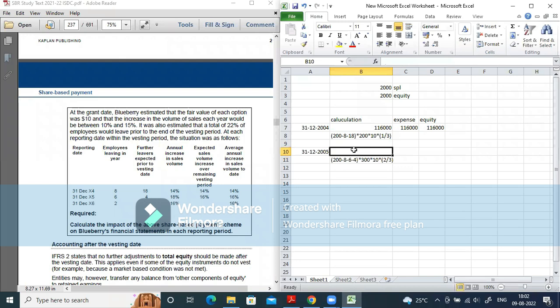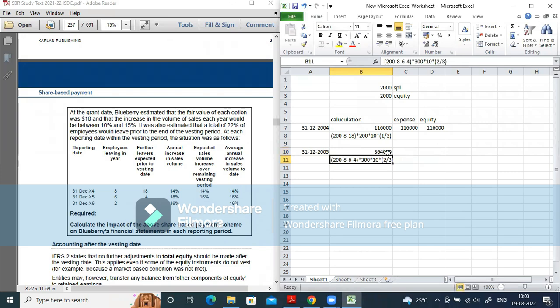I'm showing the computation here. So 3,64,000.